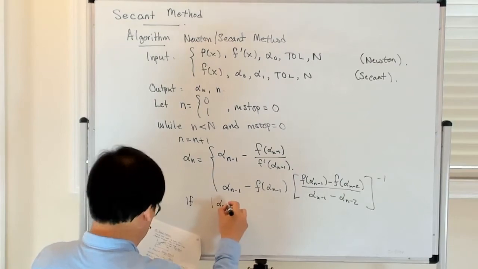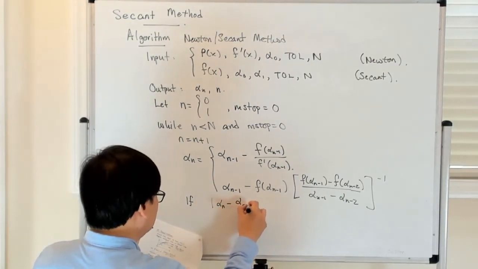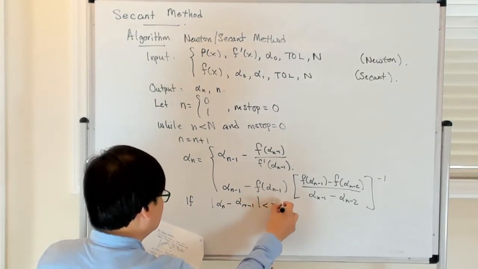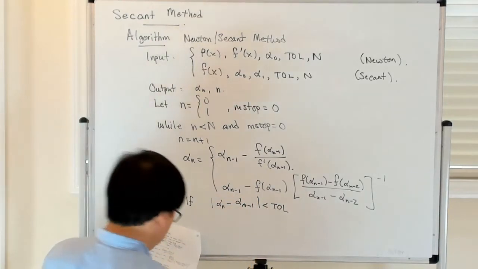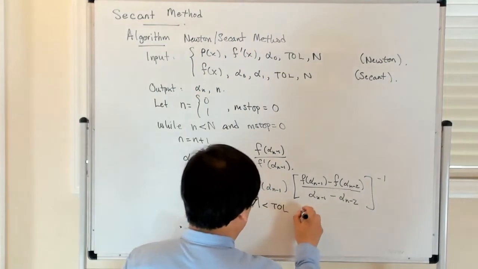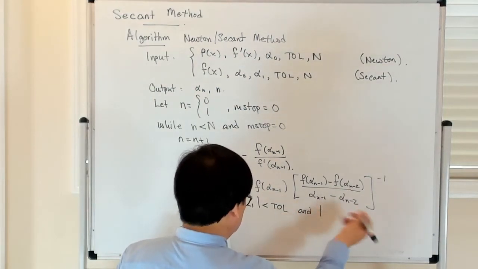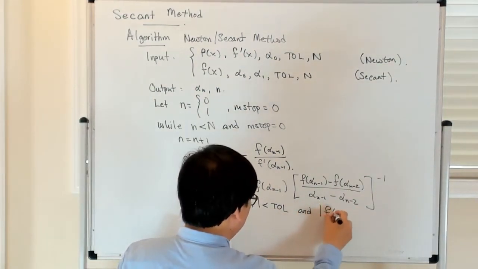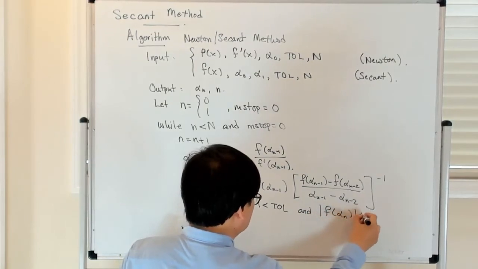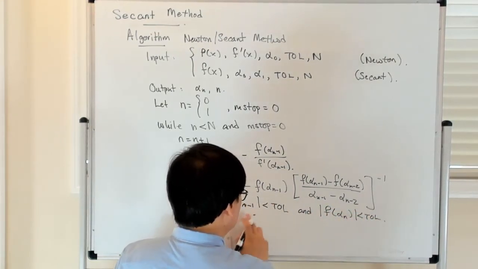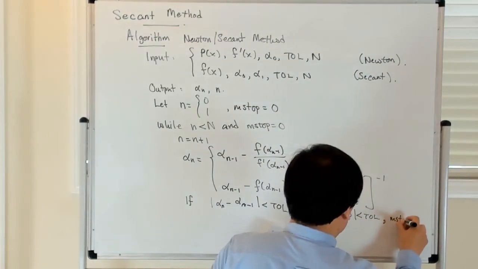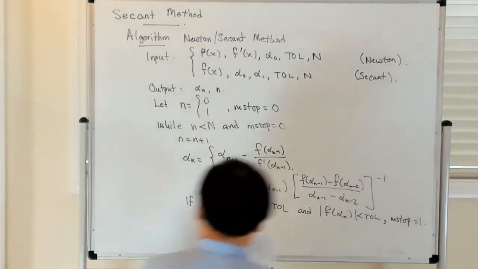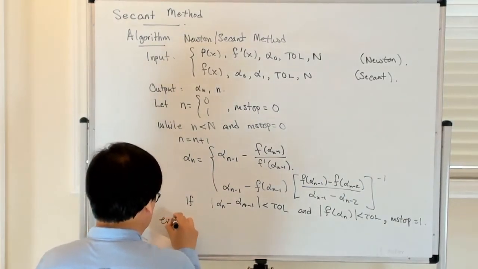So if alpha n minus alpha n minus 1 is less than your tolerance, that's a proxy for the absolute error, right? And the other thing you can do is still do the residual error as before. So if f at alpha n is less than the tolerance, if those two conditions are satisfied, then I can set m stop equal to 1, and then I can end the while loop.